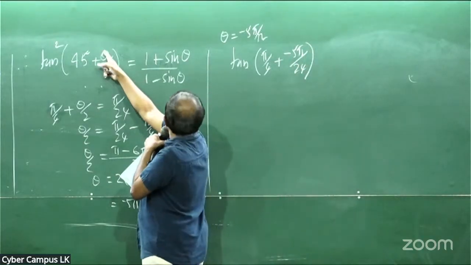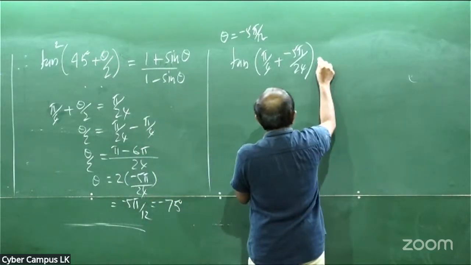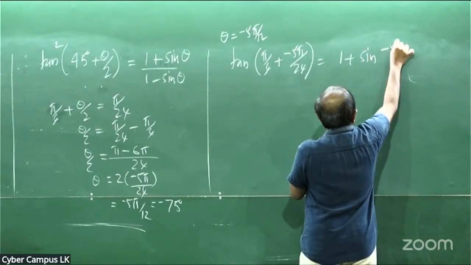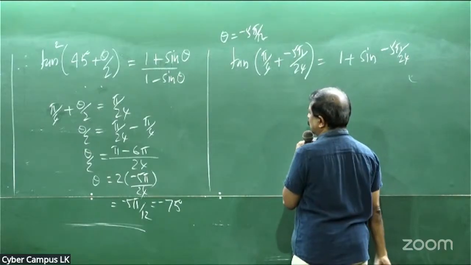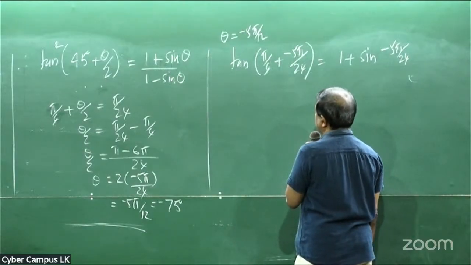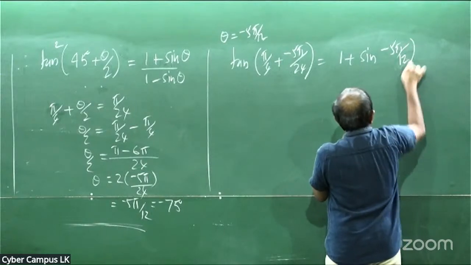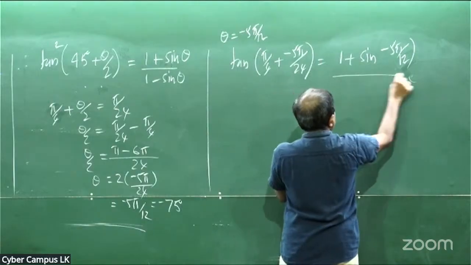This becomes minus 5 pi over 12, but it is divided by 2. 1 plus sine 24. Sorry, theta should be minus 5 pi over 12.